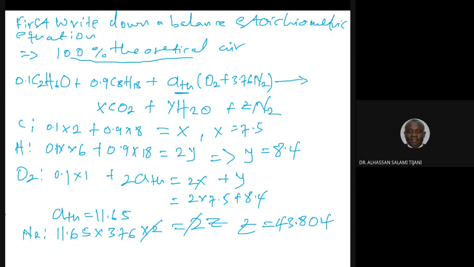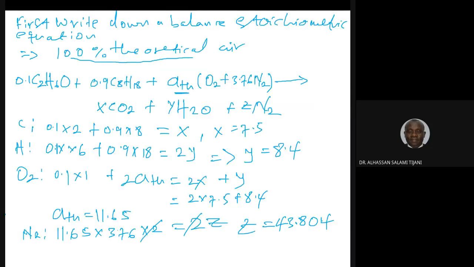Okay, so now we'll write down the whole equation. It's a very long equation. So we have 0.1 C2H6 oxygen plus 0.9 C8H18.